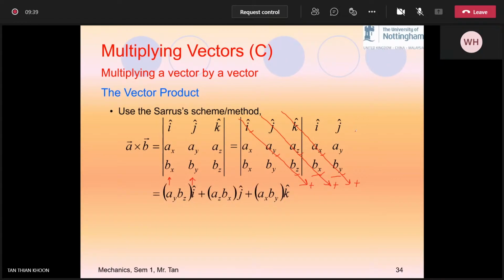We have A, Y, B, Z, I, A, Z, B, X, J, A, X, B, Y, K. So this is for the first way. Then the second is we go upward.